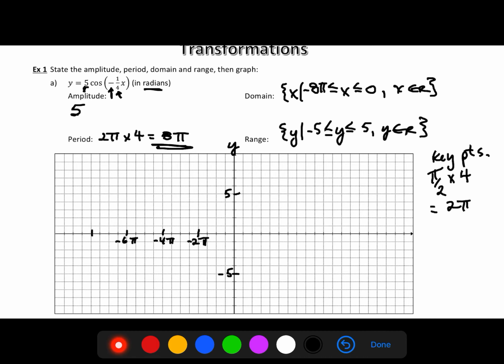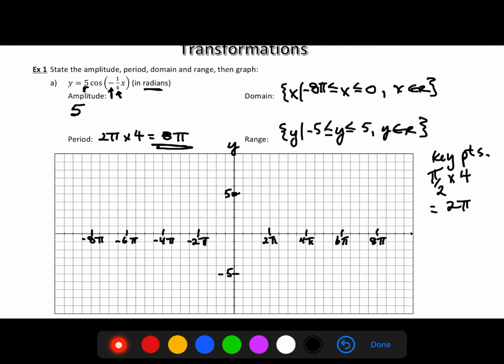And we're going to go every 4 blocks is 2 pi. As always, we want to label our entire grid, even though we're not going to have to use the whole thing, but we want to make sure we have it graphed appropriately.